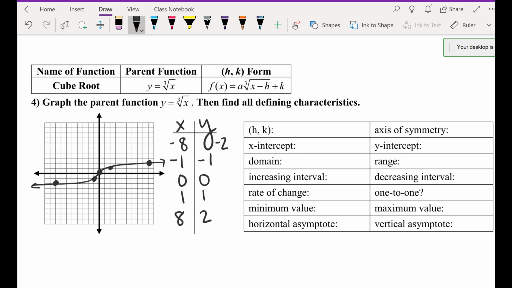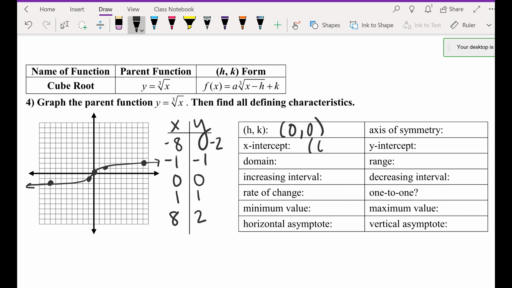H and K value for the parent function is 0, 0. X-intercept for the parent function is also 0, 0. What is the domain of our parent function? All real numbers. Is this an increasing function or decreasing function? Increasing from when to when?